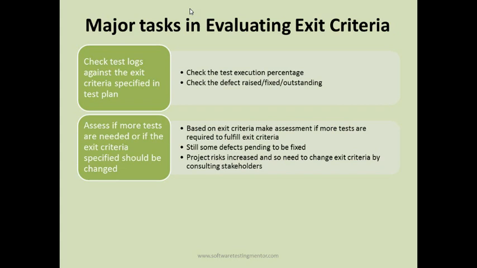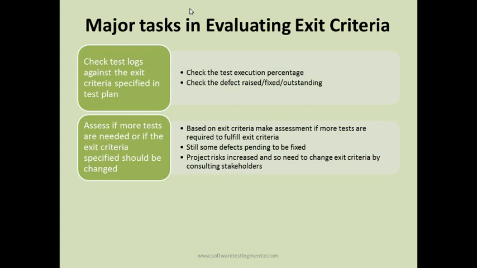Then the other thing can be, still there are some defects pending to be fixed. You need to fix those defects in order to exit the test cycle. Then project risks increased, and so you need to change exit criteria by consulting stakeholders.